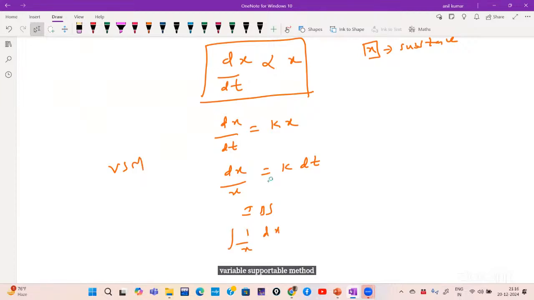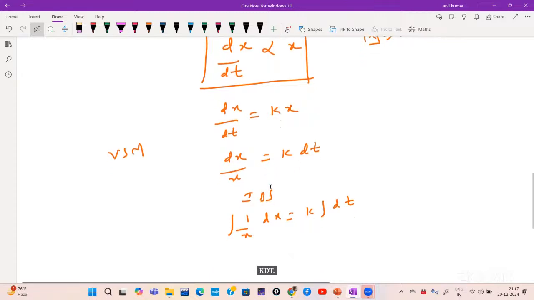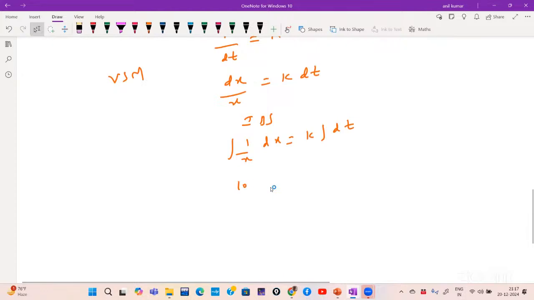1 by x dx equal to k dt. Integration of 1 by x dx equal to integration of k dt. What is the integration of 1 by x? Log x equal to kt plus log c.